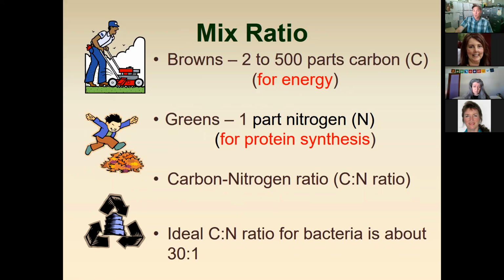So 1 part nitrogen is typically what we use for a ratio, and this is for protein synthesis. This is where all the organisms get their material for growth. We call this the carbon nitrogen ratio, or the C:N ratio, and this is how we determine where we're at as far as our ingredients, our browns and greens.